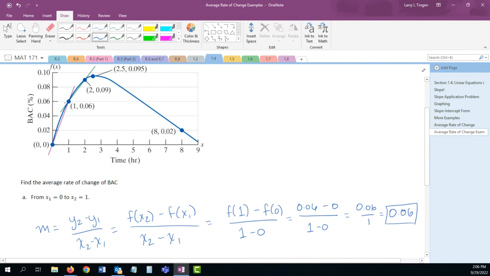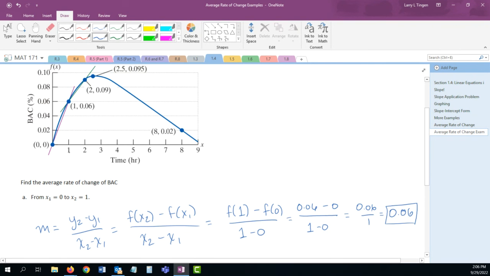Now, if you look at these lines, you're going to say, wait a second, that's a really steep line. But you said that if it's a really steep slope, the slope is a very large magnitude, and if it's a small magnitude, it's going to be small. 0.06 is small. You're absolutely right. But look at the units up the left-hand side.